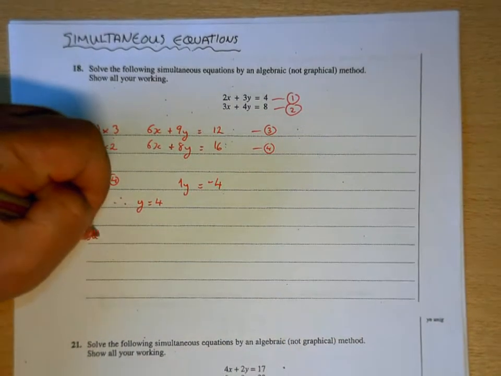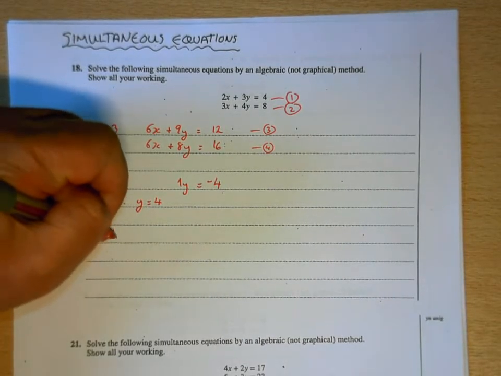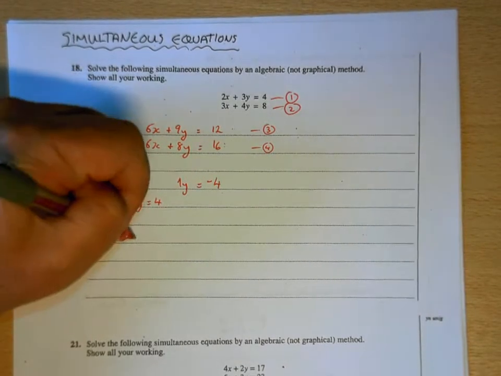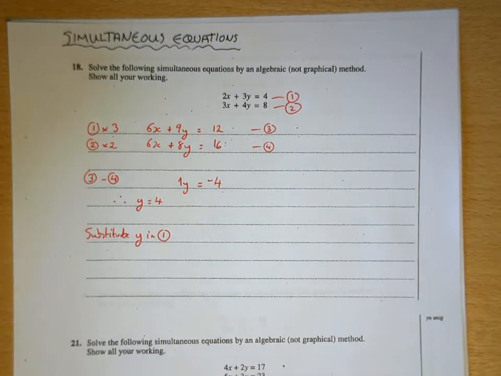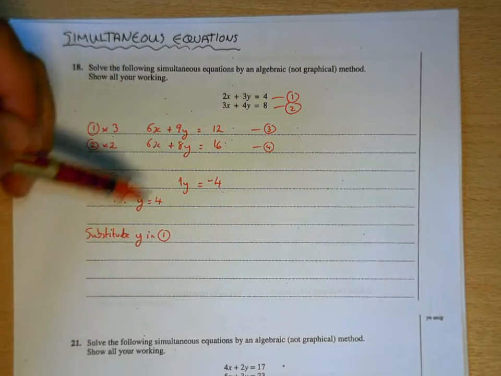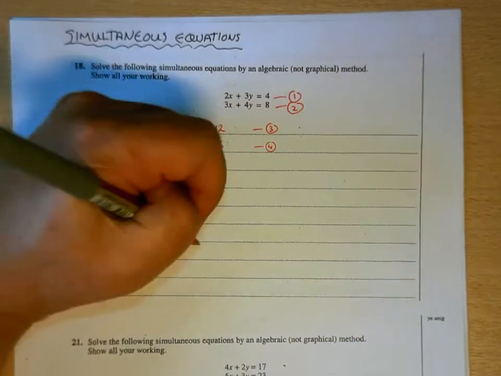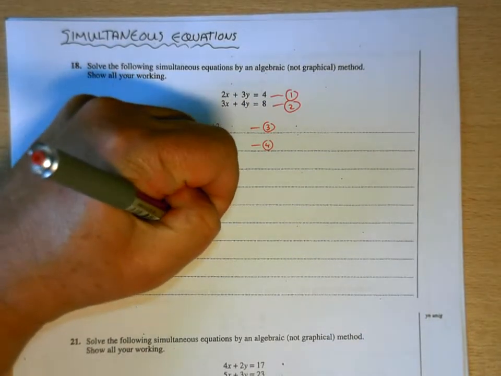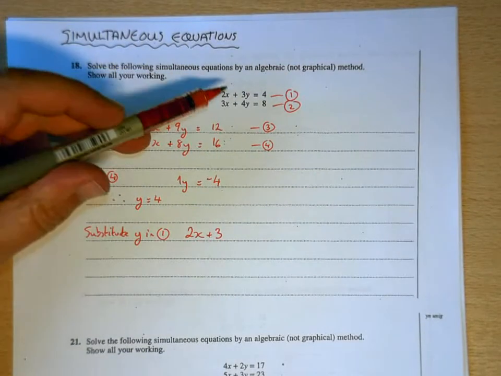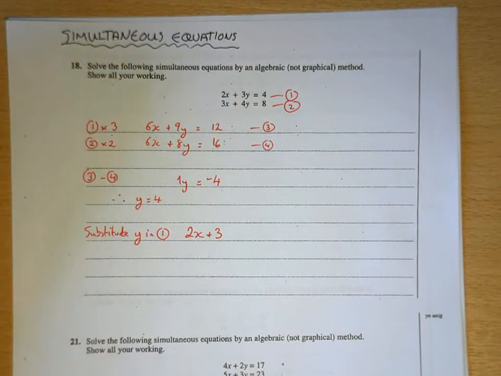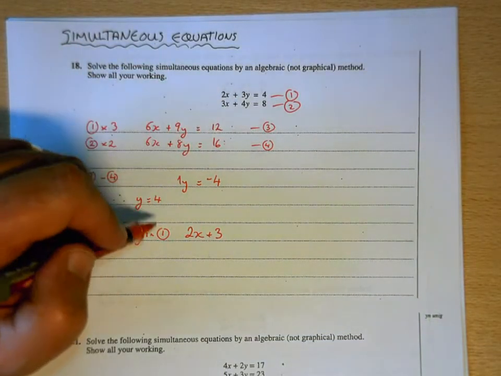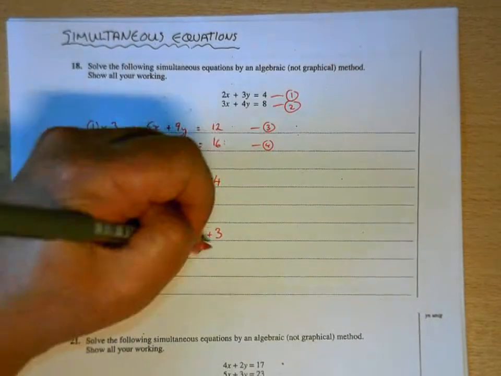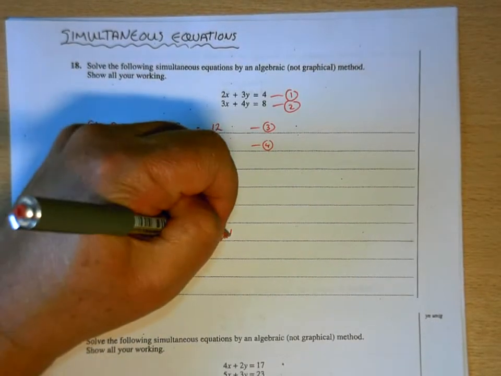So I'm going to write substitute y in 1. So I'm substituting, instead of having the variable y, I'm going to replace it with negative 4. But what you have to remember is, in algebra, the 3 and the y are joined by a times. We don't put it in because it looks like an x, but when we replace the variable with a number, so it becomes arithmetic, then we put the times back in.